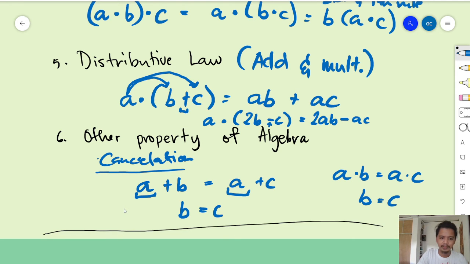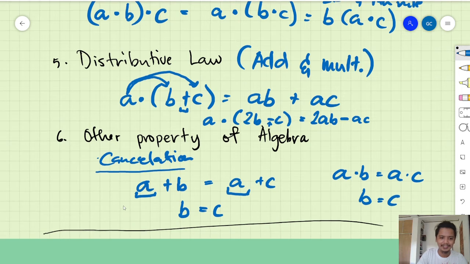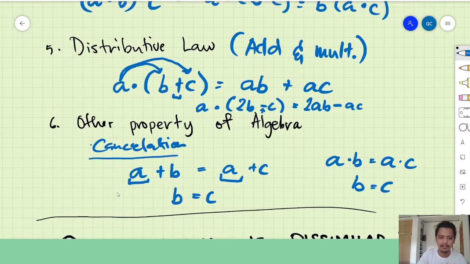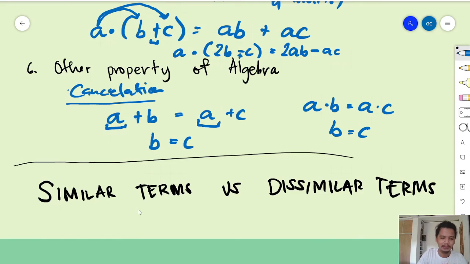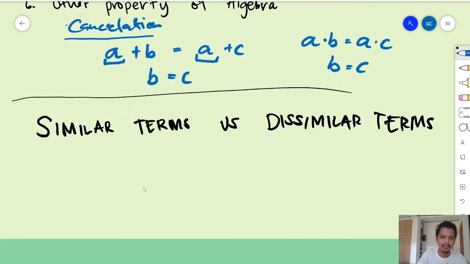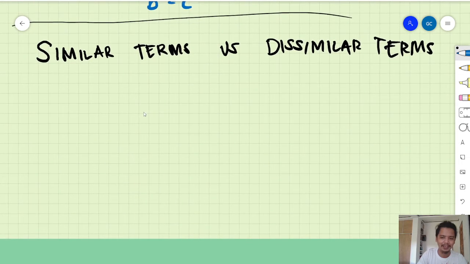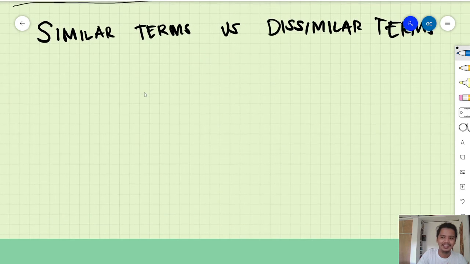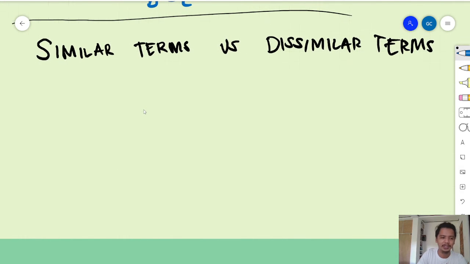So now that's discussed. Let's go to another term or another, say, review of specific concepts that we need to remember. So similar terms and dissimilar terms.